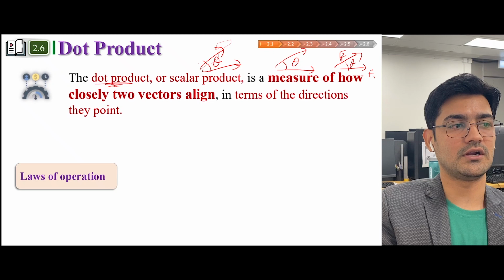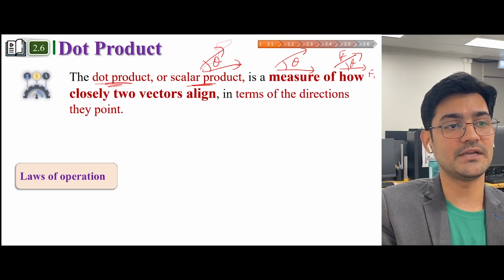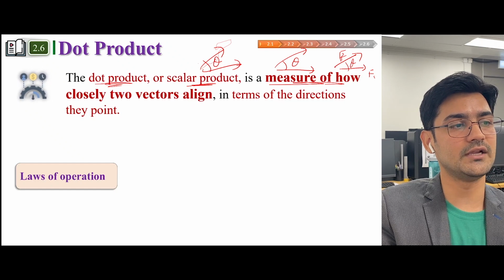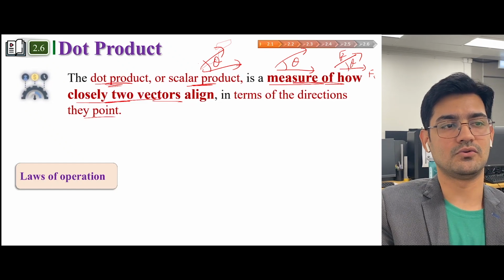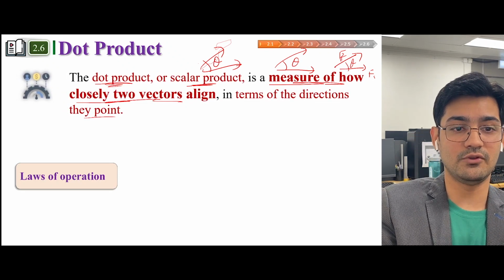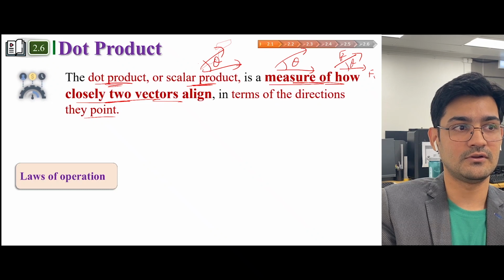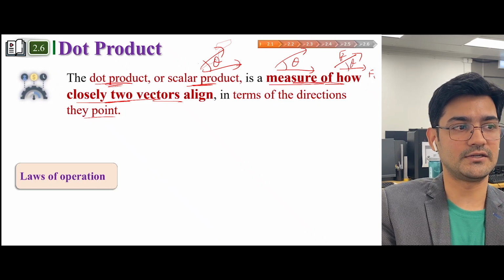A dot product, which can also be called a scalar product, is a measure of how closely 2 vectors align in terms of the direction they point. Basically, a dot product will give you a sense of measure between these 2 vectors.